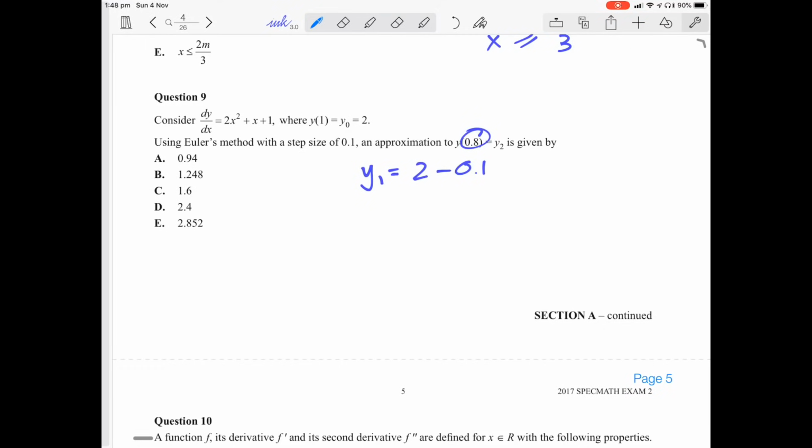X is 1. So we're going to get 2 plus 2, 1 plus 1, which is 2 plus 1 plus 1 is, what am I doing? 2 plus 1 plus 1 is 4. So it's going to be subtract 1.96 or 1.6.